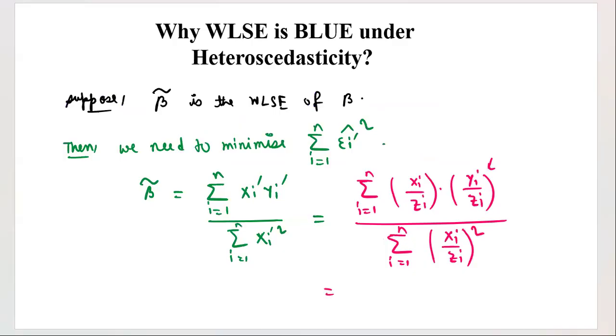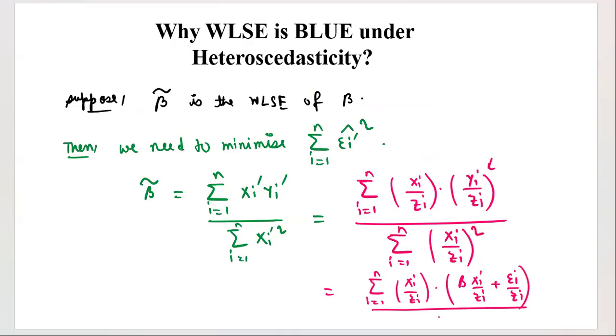So it will be summation i from 1 to n, xi upon zi, and here you have beta xi upon zi plus epsilon i upon zi, and the denominator is the same. I'm not writing it, the denominator will be the same. Now if you multiply this, the first term will be beta summation xi upon zi whole square, which is the same as the denominator. So this term will cancel out.